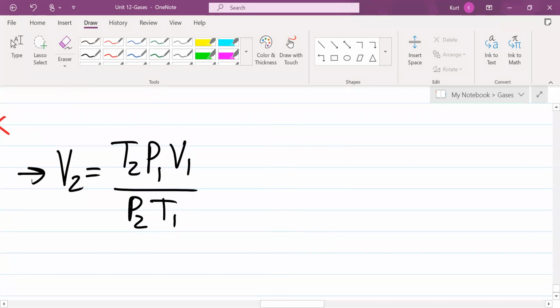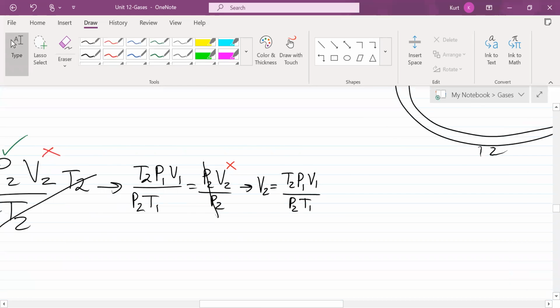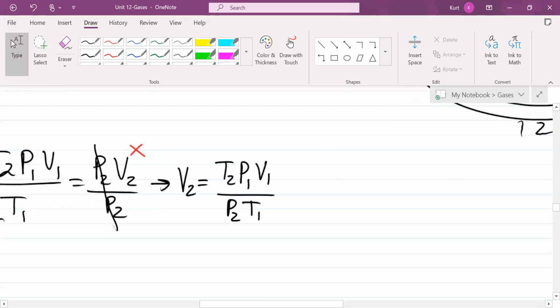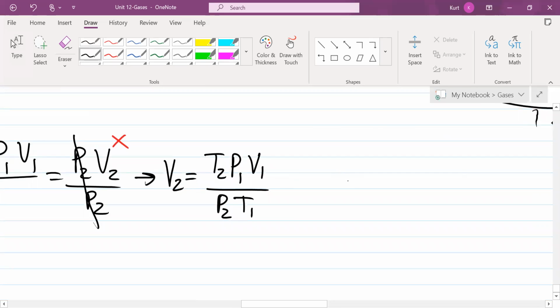Now you can just simply plug and chug. So let's see. T2 was, actually both temperatures are in Kelvin, so you need to change that first. 80 plus 273 is 353. 353 Kelvin.